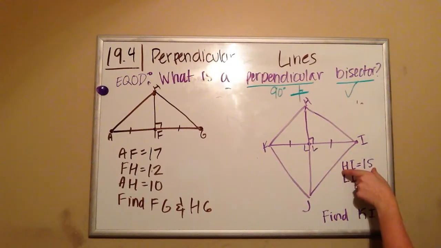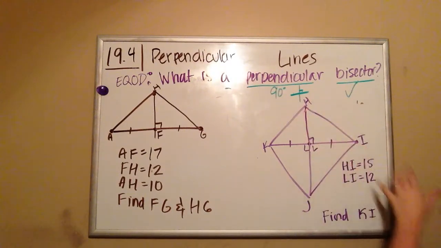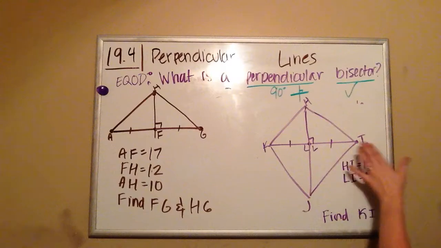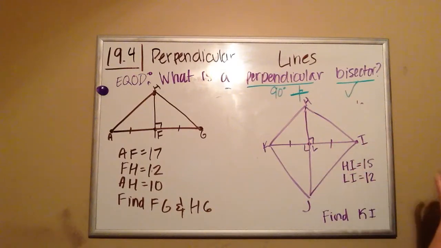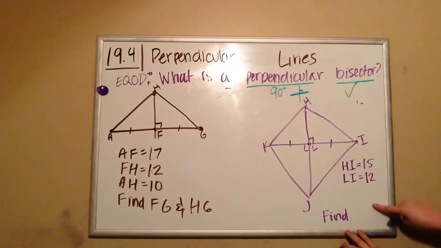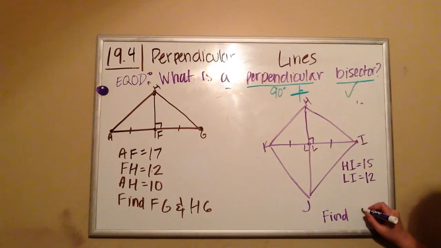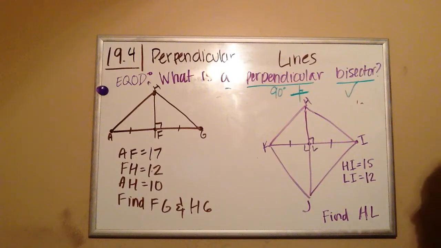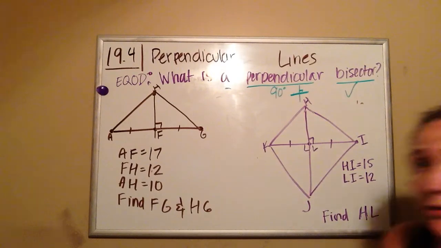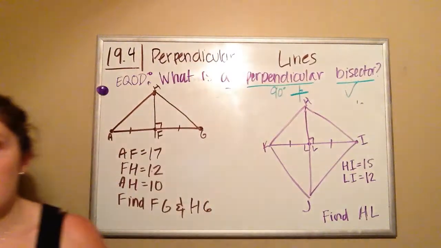So HI is 15, LI is 12, and you're trying to find, nope, just kidding, that's not what I want you to find. I want you to find HL. Okay, the length of HL. Alright, go ahead and do those two on the left-hand side. Once you are finished with those, you are finished with 19.4.